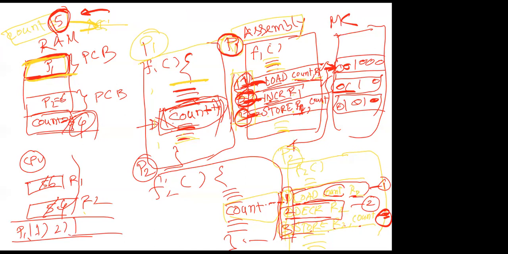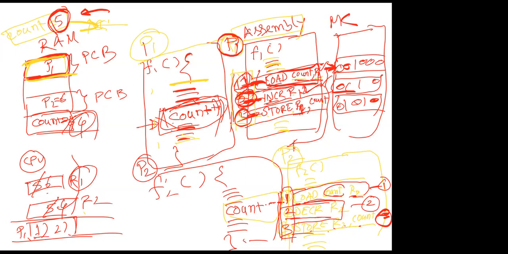Load the count value, let's say 5, and then the next line will increment it, so 5 will become 6. In the first line, it loads the count value, which is 5, to the R1 register, and then increments this count value by 1, meaning 6. That is the execution of these 2 lines of code.